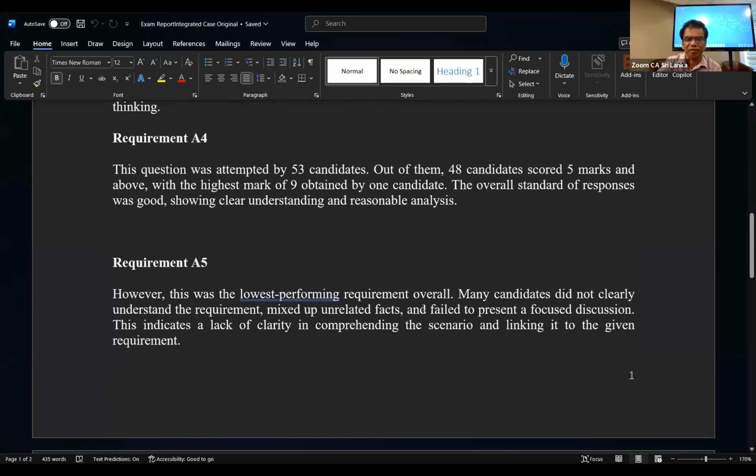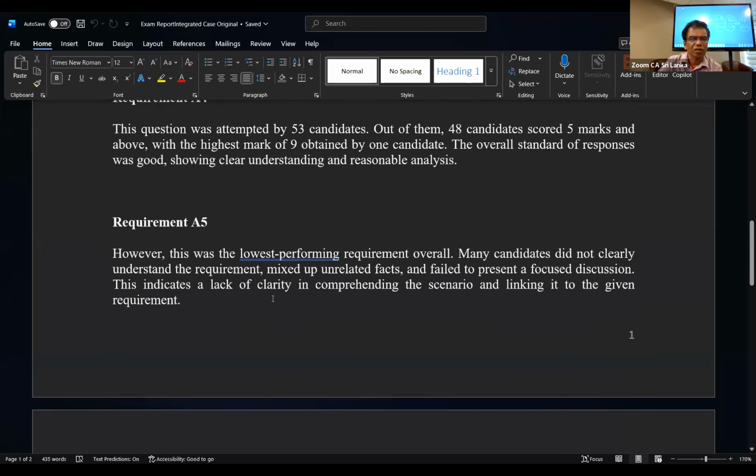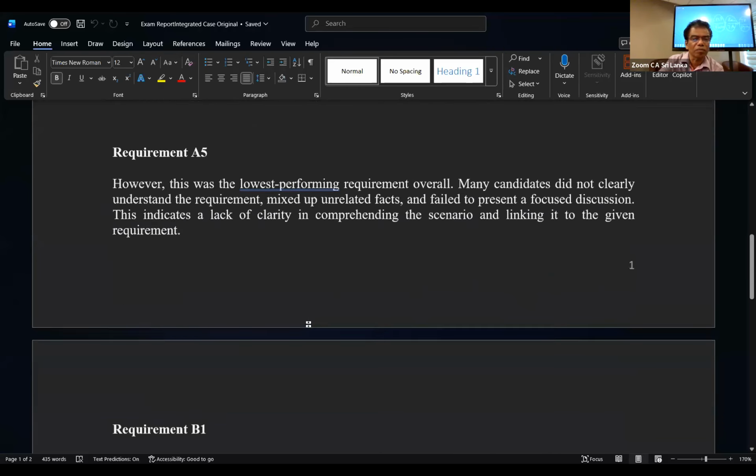This is the financial side, right? Financial evaluation. Many candidates did not clearly understand the requirement, mixed it up with unrelated facts and failed, because this has a discount rate. Maybe this question is something about the discount rate. Requirement 5 and early comprehending the scenario and linking it to the given requirement.